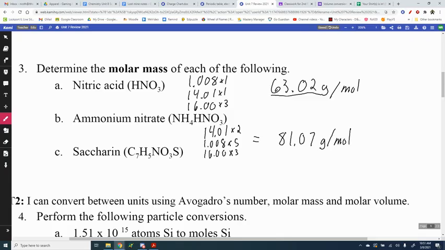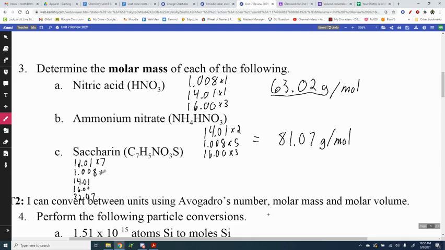All right, last one, same situation, but this time we do have different elements. C is 12.01, H is 1.008, N is 14.01, O is 16.00, and S is 32.07. For C, there are 7 of them.